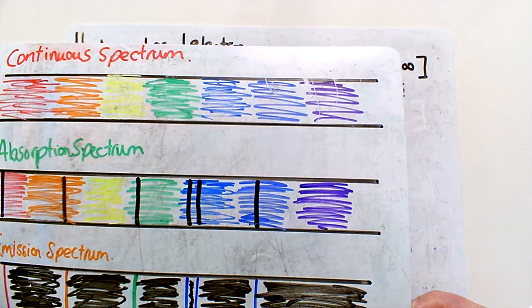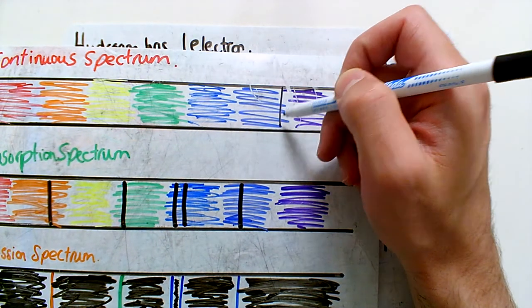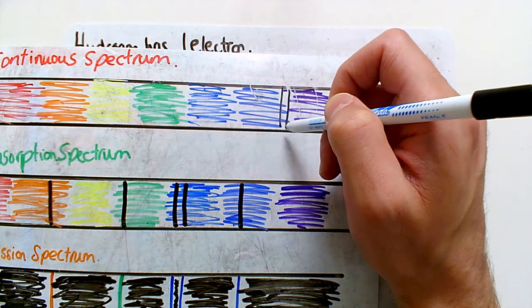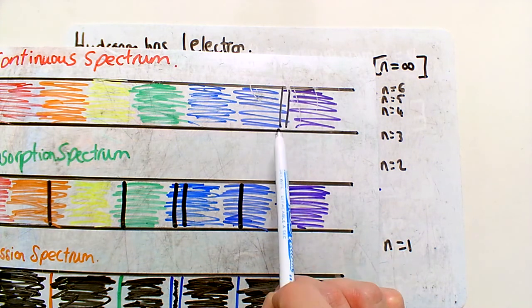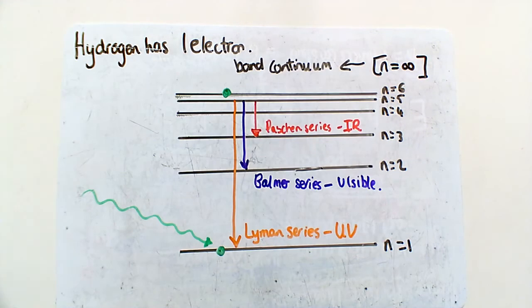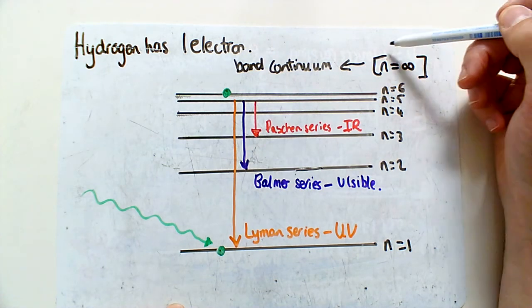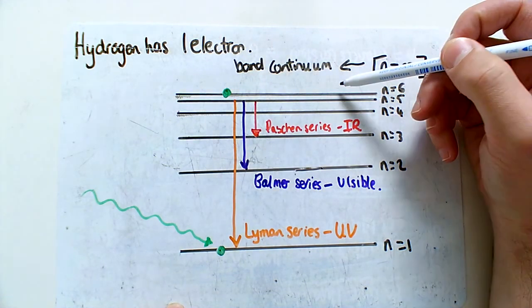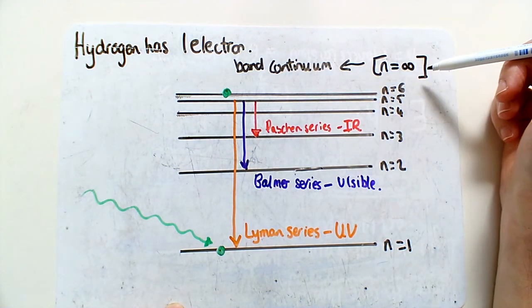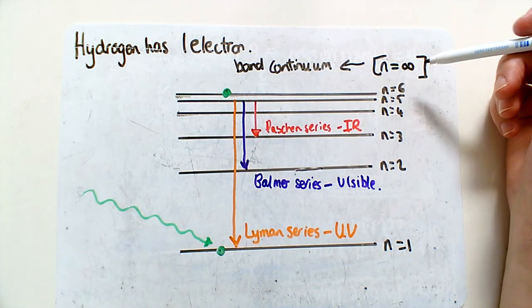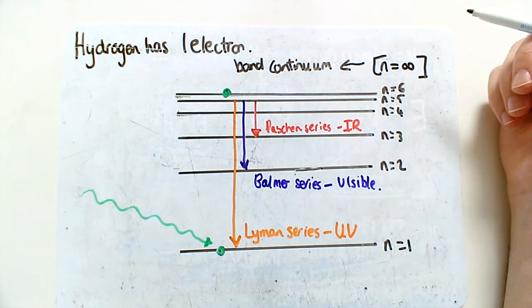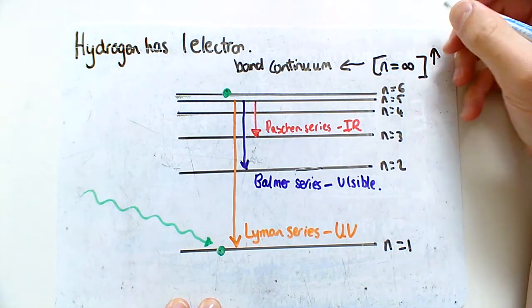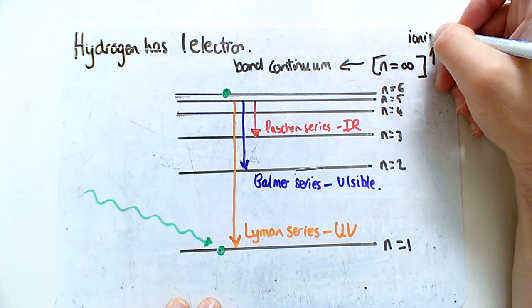So if this is a full spectrum, a continuum might be between those two regions. You'd have all these individual lines, and then a continuum of all those colours together. Where you see that continuum, the different energy levels are so close to one another you can't tell them apart. And once you reach the final n equals infinity, you're not going to see anything above that, because after that we've had ionization.